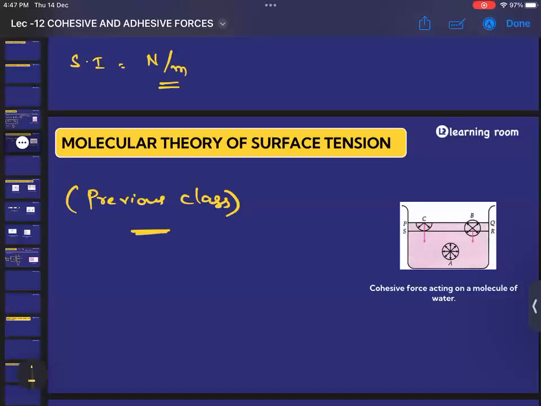Chitesh, why is the particle C having the maximum energy? Sir, the particle is in direct contact with the atmosphere. It is not about direct contact with the atmosphere. There is something else. I spoke in terms of cohesive and adhesive forces.